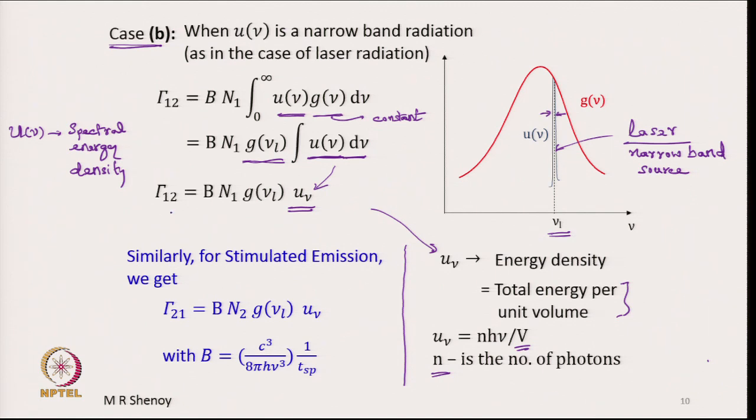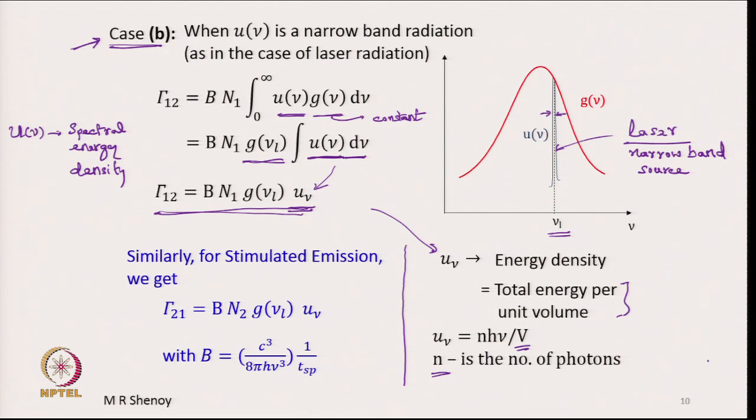So, this is the rate of absorption in the case of B. This is a practical case in laser physics, because we deal with laser radiation in the medium. We deal with interaction of a laser radiation or a monochromatic radiation in the medium, and therefore, this is more relevant to us.